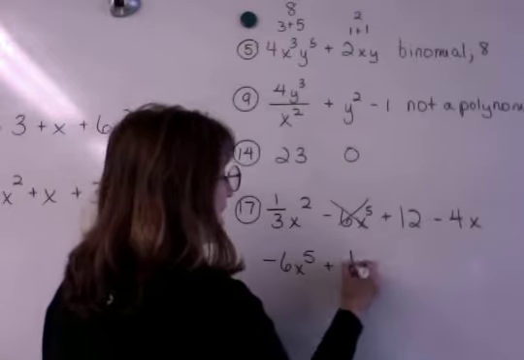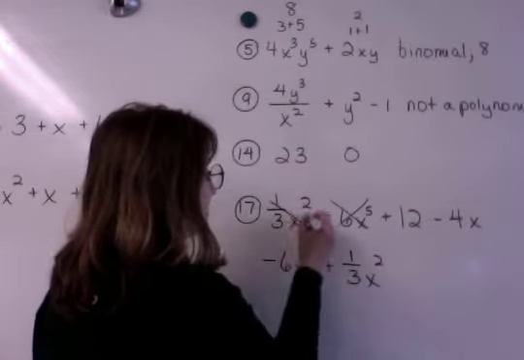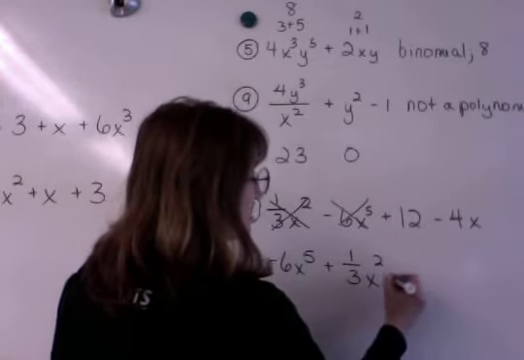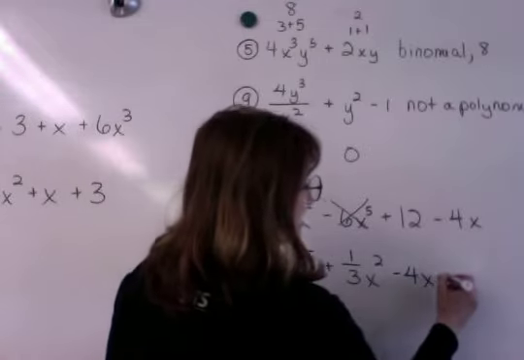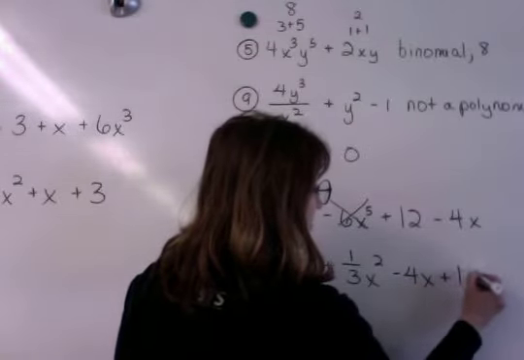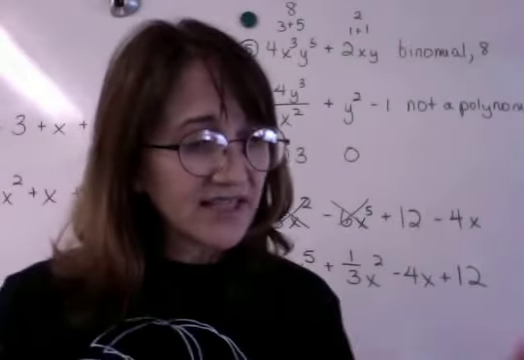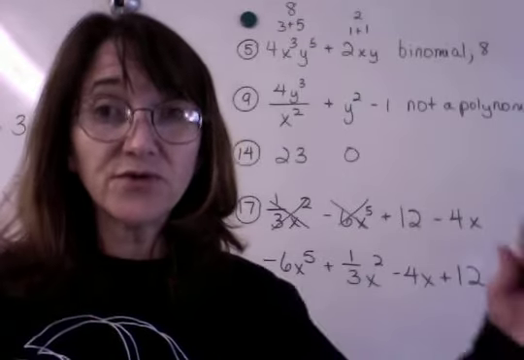So I'm going to add the 1/3 x squared. Done with that one. My next x is going to be the negative 4x. And then finally, I have a constant, or a number, and that is 12. So that's how you write it in descending standard form.